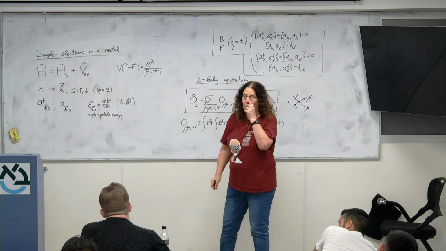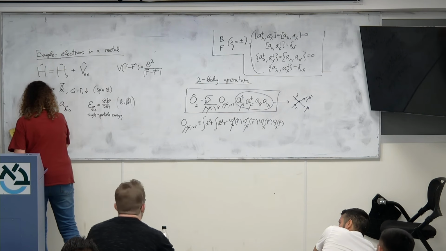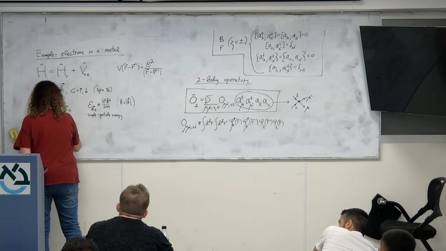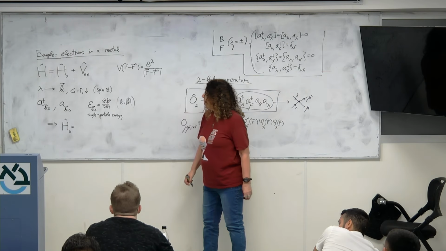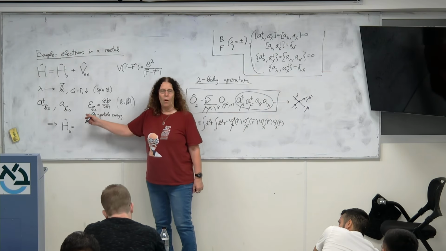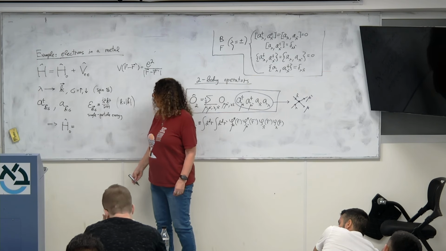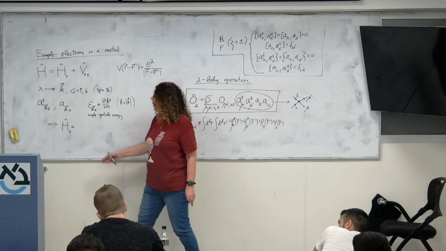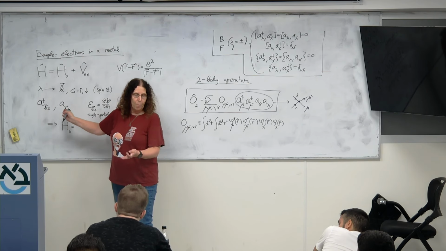Okay, great. Now, what is the expression for H naught, therefore? In second quantization, it's just a summation over all k and sigma. For each k and sigma, you have the number operator a dagger a times epsilon k.